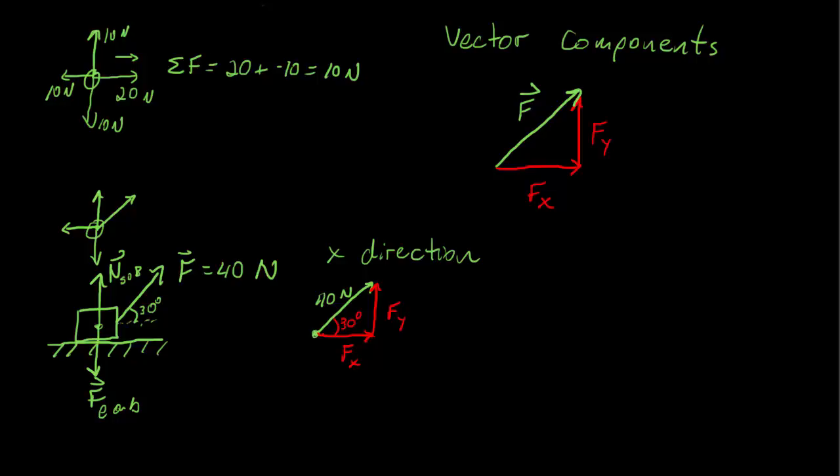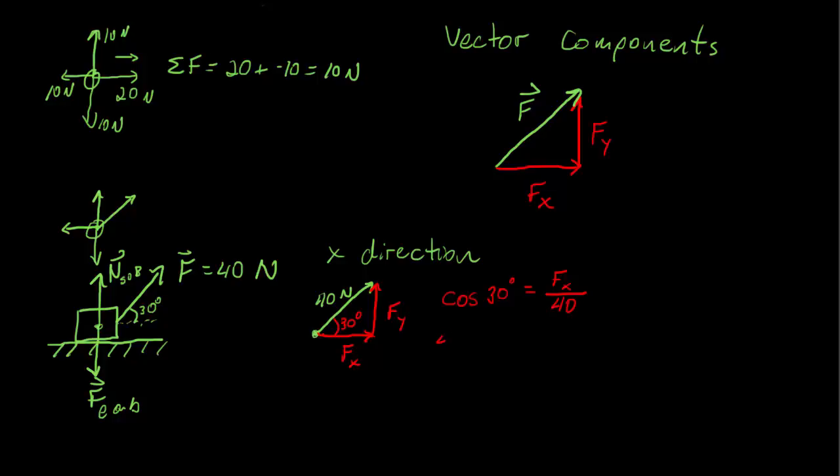Since this is my angle, I see that it's my adjacent and my hypotenuse, which is cosine. So I would say that the cosine of 30 degrees is equal to my force in the x, my x component, divided by 40.